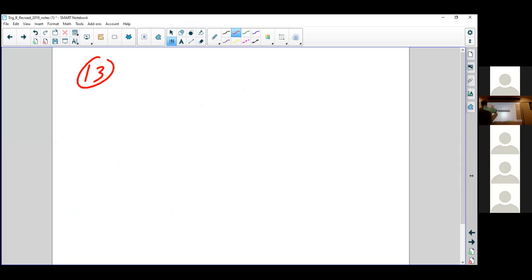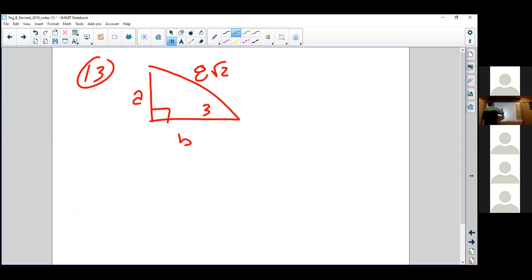Number 13, we have obviously the right triangle, where we have A, we have B, we know this is 8 root 2, and this is 30 degrees. The relationship you have to know is the hypotenuse, which is 8 root 2, is always the square root of 3 times bigger.